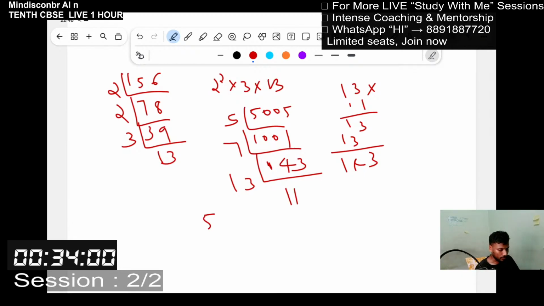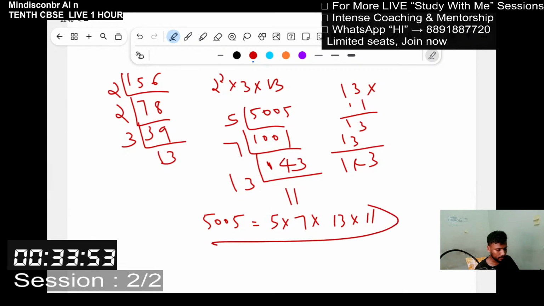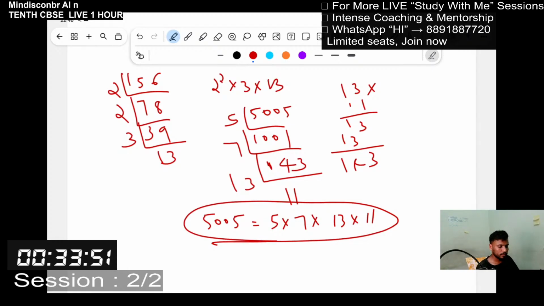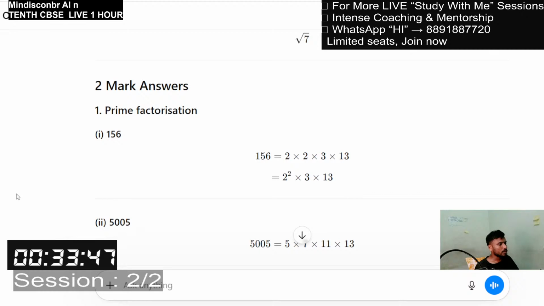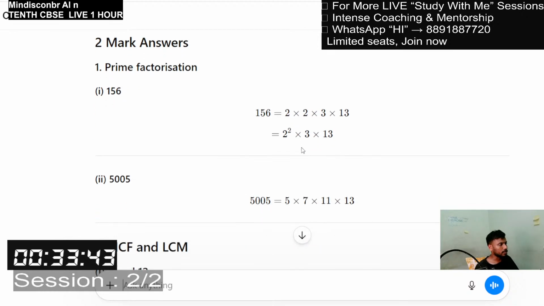So 5005 can be expressed as 5 into 7 into 13 into 11, that is 5 into 7 into 11 into 13.